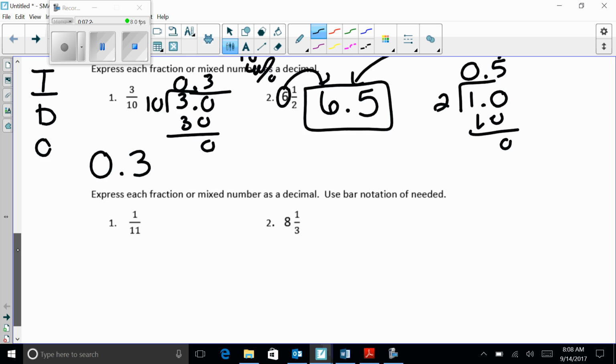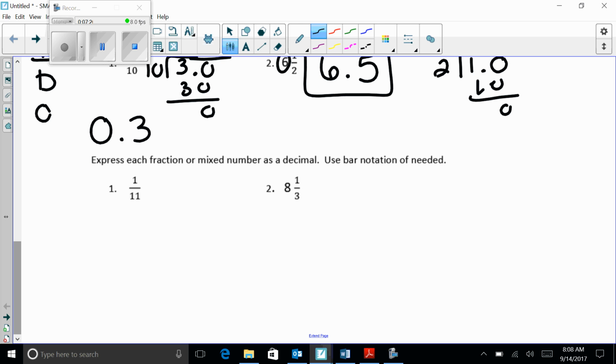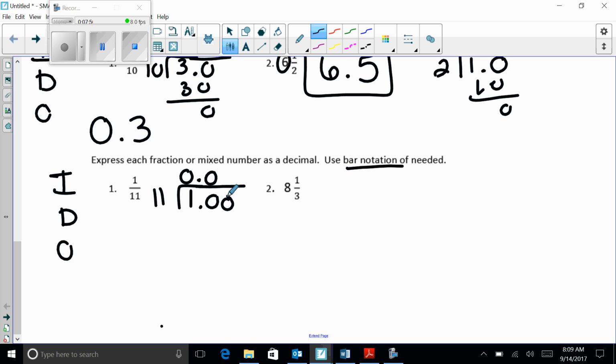Okay, so let's look at our last 2 examples. This time it's telling us that we are going to need bar notation. Okay, so that means we're going to have repeating decimals at some point. So we're still using I do. So 1 divided by 11. 1 goes inside the house, 11 goes outside. I know I'm going to be dealing with decimals, so I'm going to go ahead and add it. 11 does not go into 1. 11 also does not go into 10, so I have to add another 0 and keep going. 11 goes into 100 9 times, which is 99.